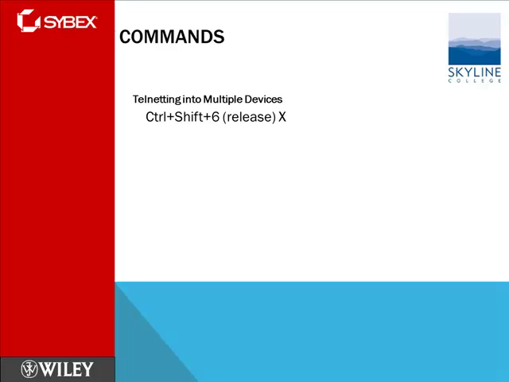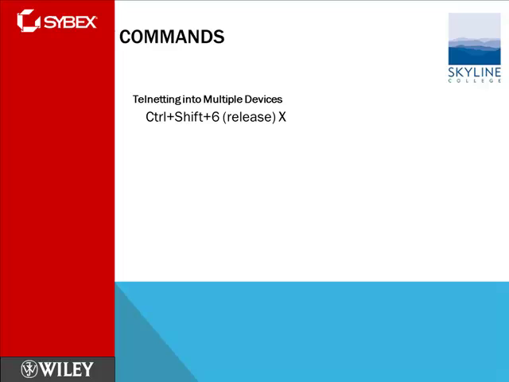Control-C is the break sequence for DOS, for when something's happening you don't like. Control-Shift-6, release that, and then the X command is what Cisco uses. Control-Shift-6 and X, if you're in Telnet, will bring you back from the Telnet session.